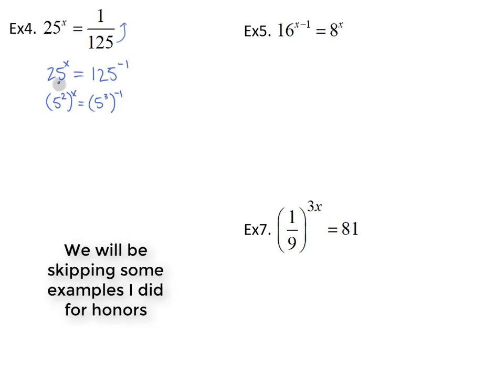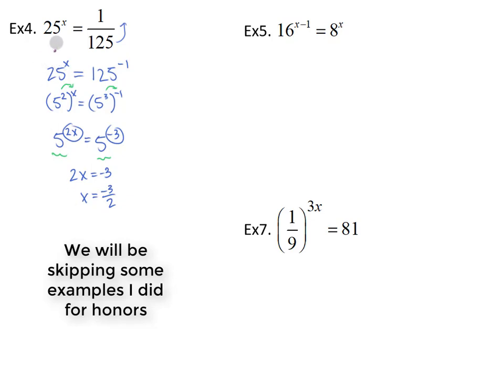Okay, now once again, when you have a power raised to a power, properties of exponents, we multiply. So we get 5 to the 2x equals 5 to the negative 3rd. And now we have a matching base on each side, which will allow us to set the expressions of our exponents equal. 2x has to equal negative 3, which means x equals negative 3 halves.